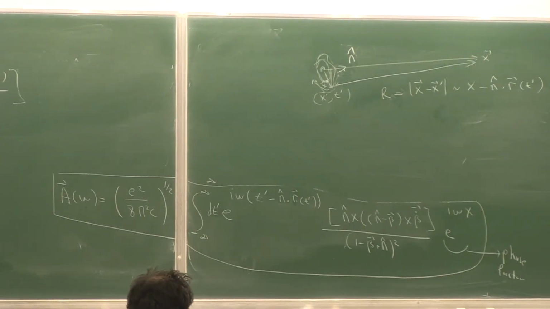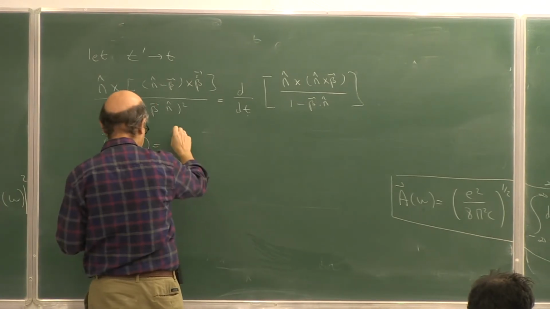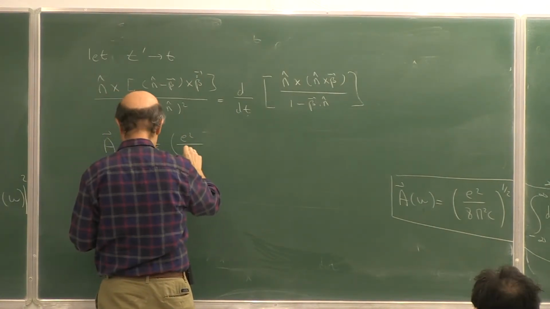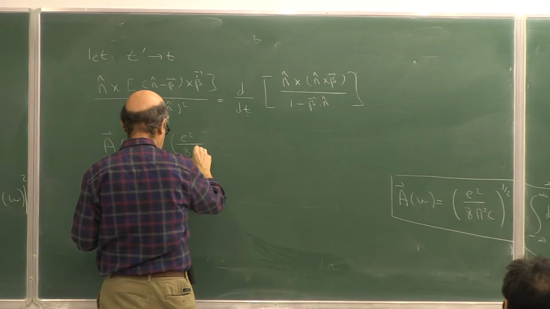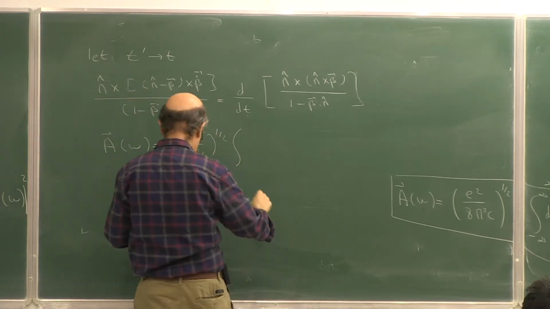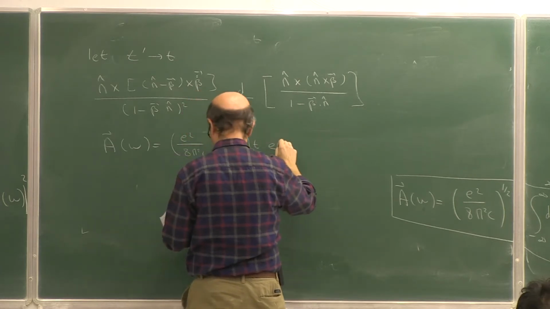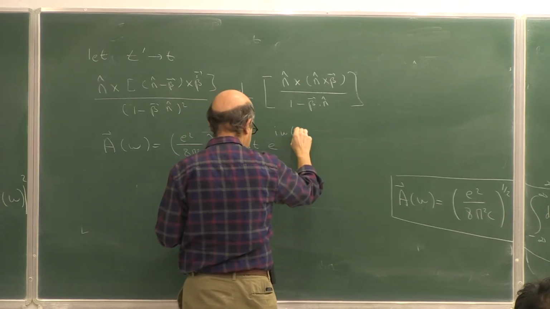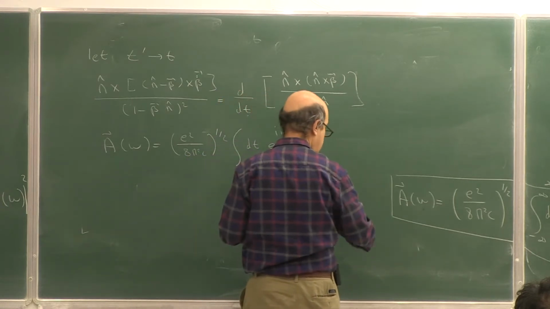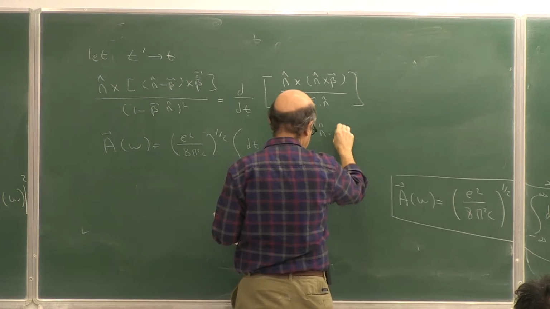I of omega could be written as e squared over 8 pi squared c to the power 1/2, integral dt e to the i omega t, and that r of t.